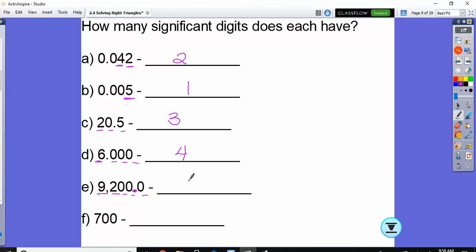So we get 5. But on F, there is no decimal, which means you don't count the zeros, so we only have 1. Questions on how to count those?